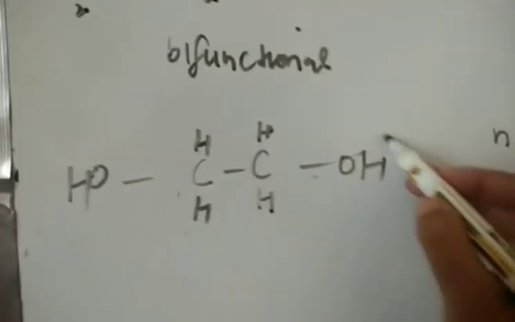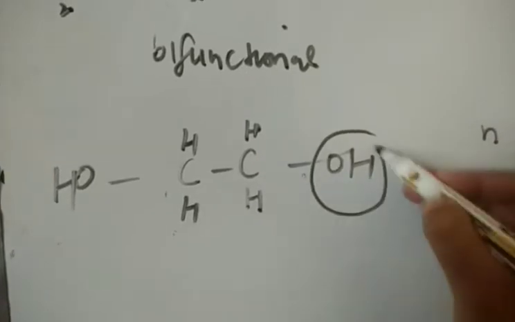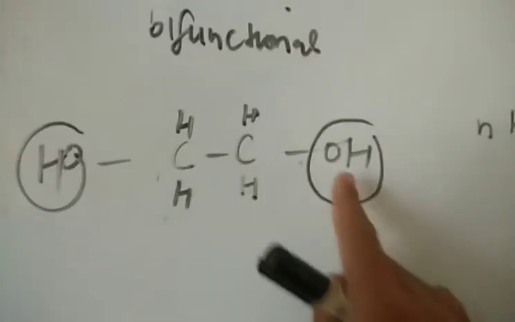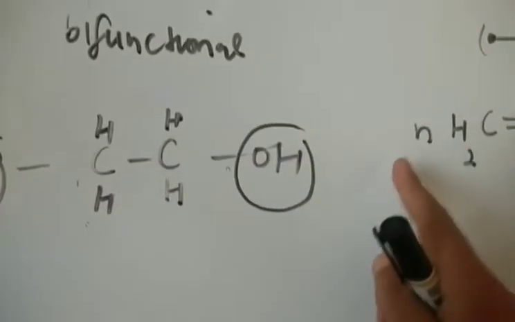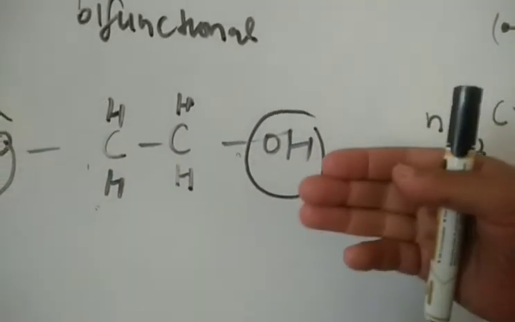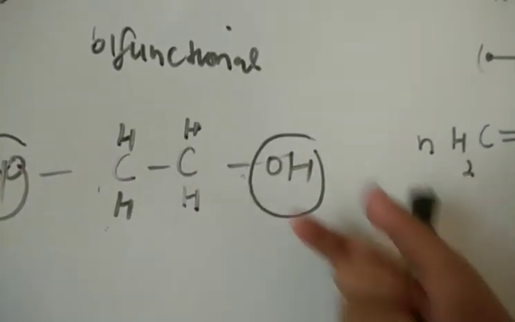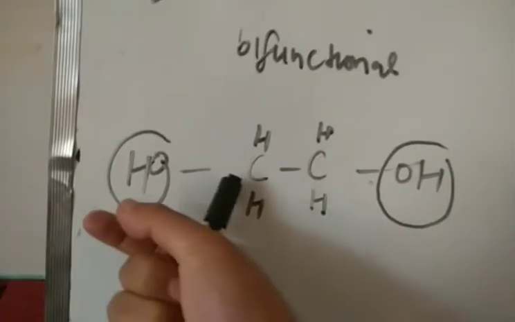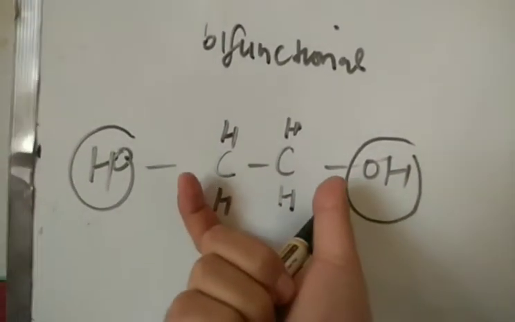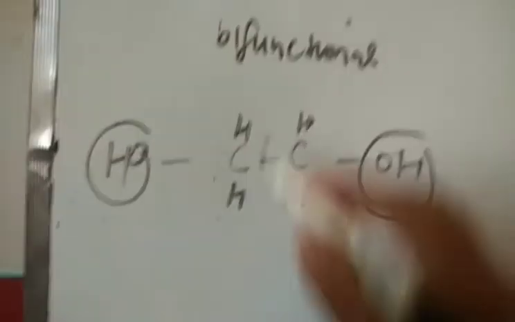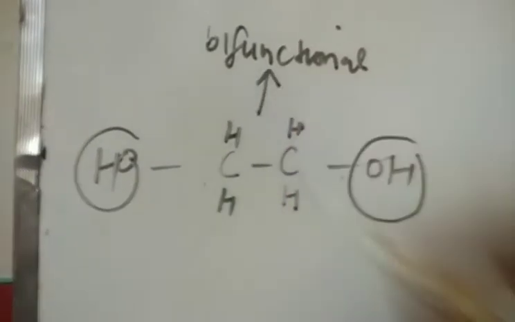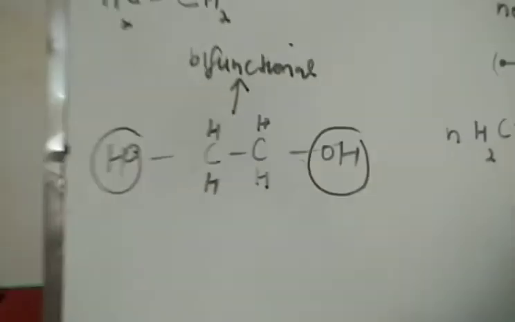So now it can participate in the polymer formation through this side and through this side. For example, this OH can react with the acid of any monomer to form an ester linkage, or it can react with another OH to release a water molecule and form an ether bond, and the same is the case on the other side. So since it can participate in the polymer formation via two sides, it's also said to be a bifunctional monomer. So its functionality is 2.